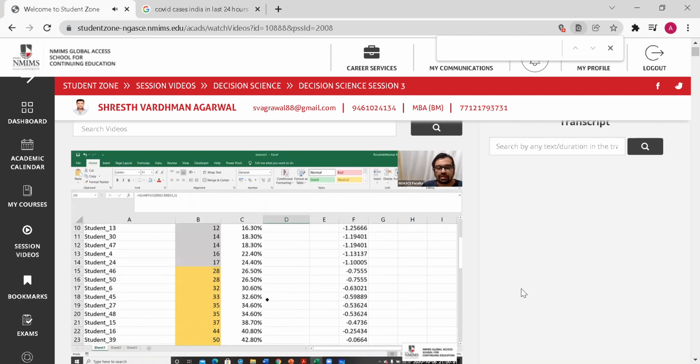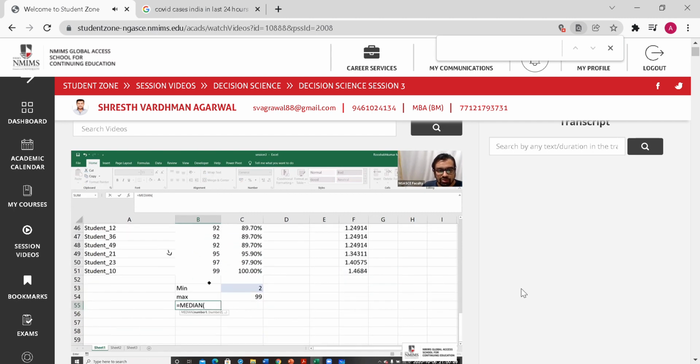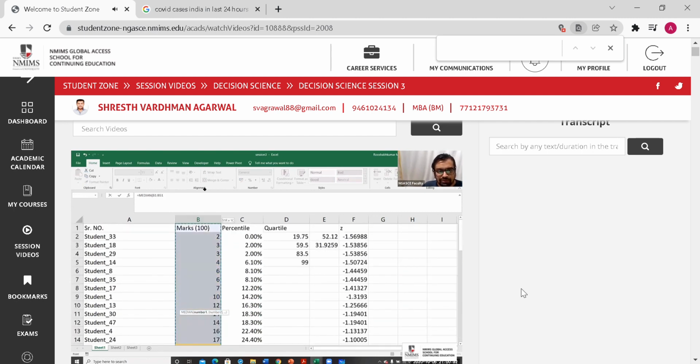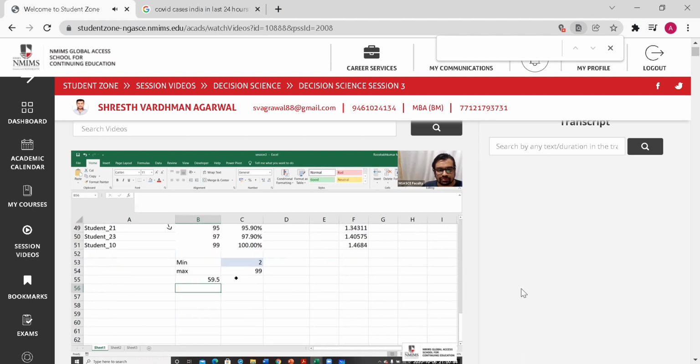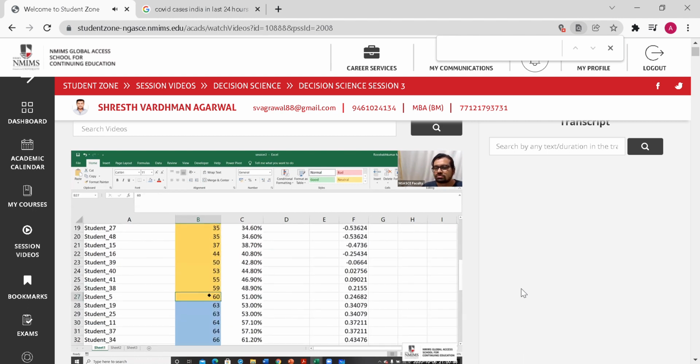Let me show you how the median value can be calculated. Median will be very near to the 50th percentile. It is 59.5, 60. Got this? Are you convinced with this?